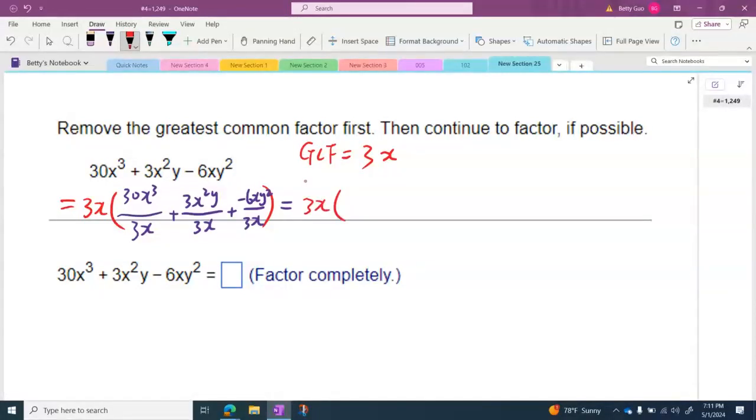We have 3x outside. Inside we have 10x squared, x cubed over x plus xy. 3 cancels 3. X squared over x is xy. And minus 2y squared.